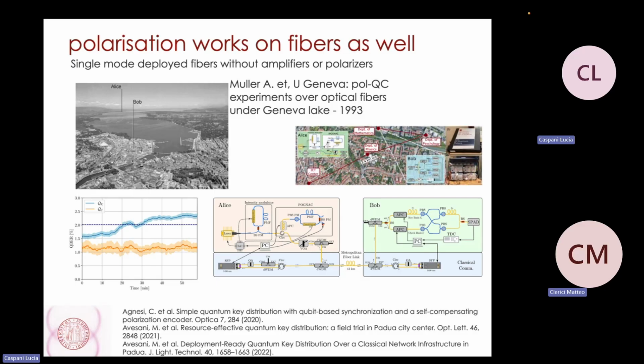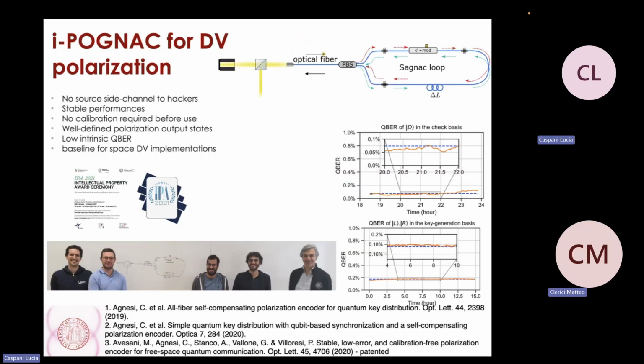Here I've reported a number of demonstrations that we did more recently, for instance in the urban scenario in Padova, using the existing infrastructure and the university nodes a few years ago. For that you need to encode, and we heard from Alberto this morning about the many qualities of the Sagnac loop.